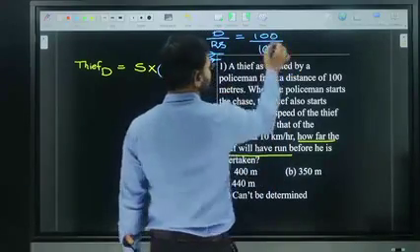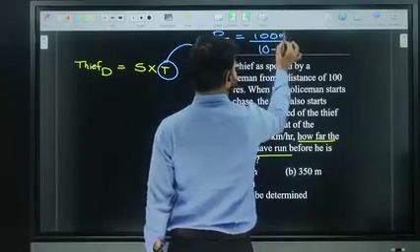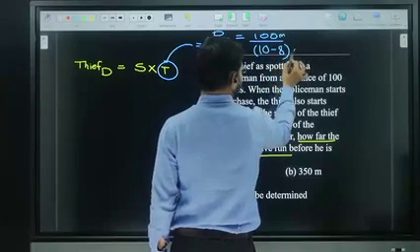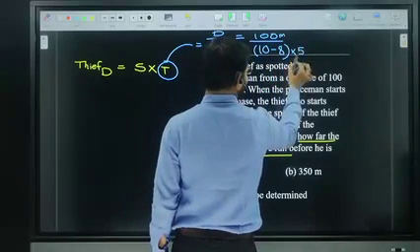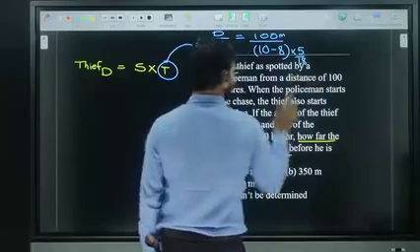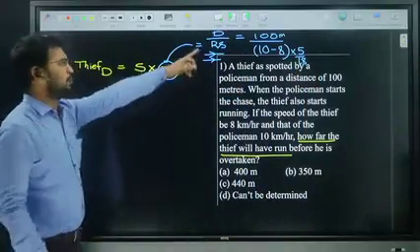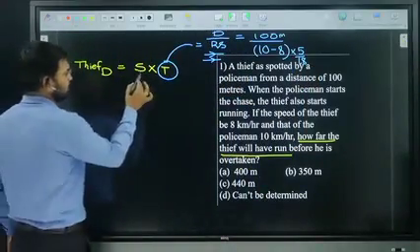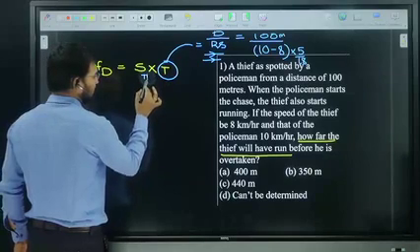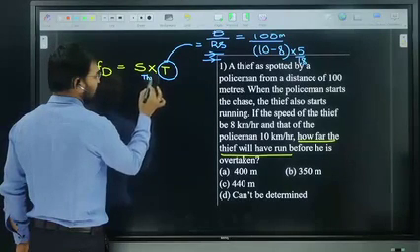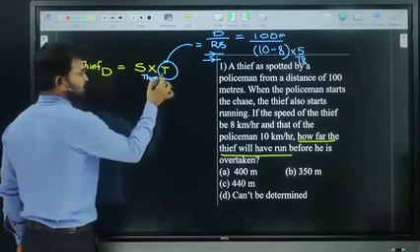But the numerator is in meters, so we convert the speeds into meters per second, into 5 by 18. This is my time. So thief speed into time.